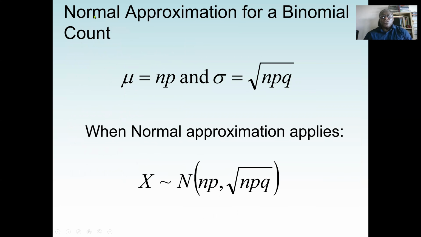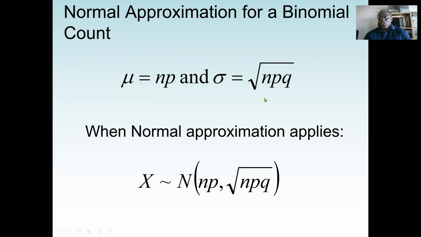These are the formulas for the normal approximation for a binomial count. We know from unit 6 that in a binomial distribution, the mean is np, where n is the number of tries and p is the probability of success. The standard deviation is the square root of npq, where q is the probability of failure, which is always 1 minus p. This is for the binomial.